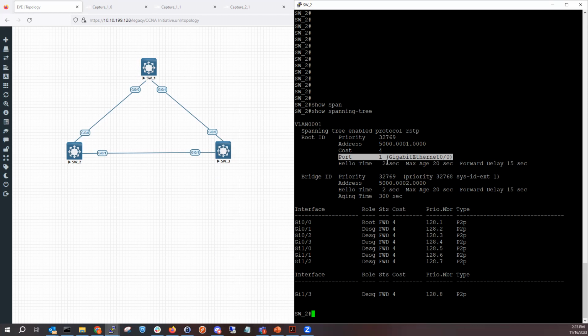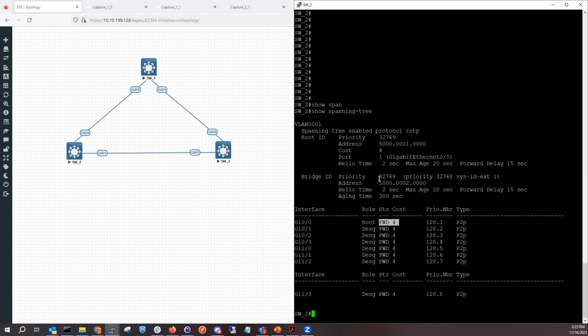It may just be the next switch up that's connected to that root. But in this case, we're directly connected. We have a cost of 4. The lower cost always wins. So it chose gigabit 0/0 as the interface to take the path to get to the root. And what does that mean? Gigabit 0/0 has the role of the root port, and it needs to be forwarding.